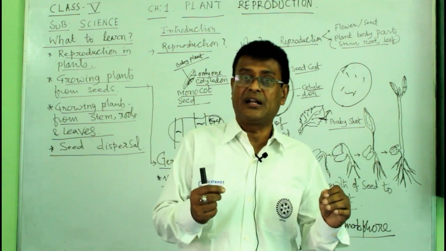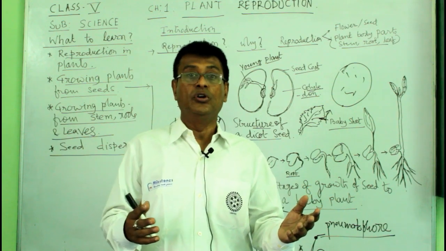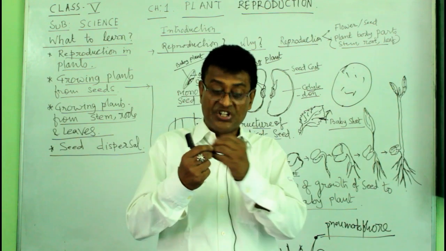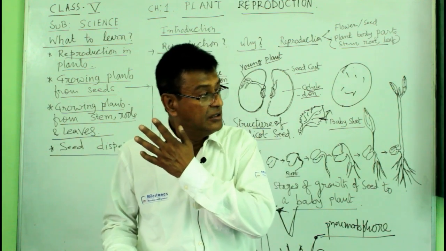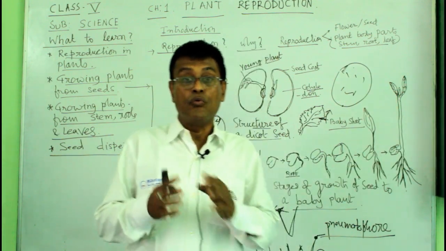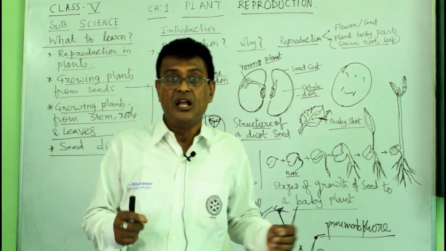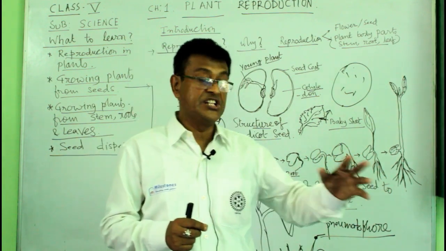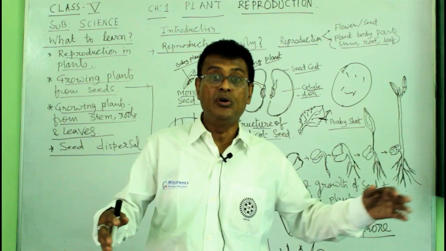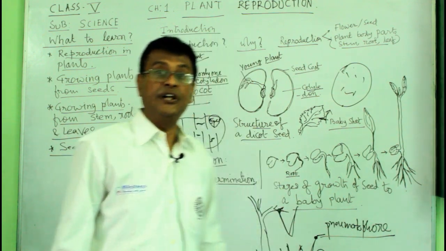When the fruit is ripened, the seeds come out and are carried away to different places, and for that wind is required and wind does it. So the agent here is wind, and by the wind the seeds are dispersed. They get plenty of gaps, plenty of places to grow, and that is how dispersal by wind is done.